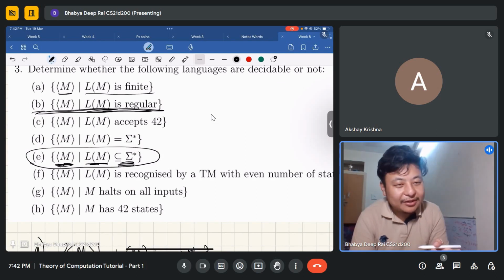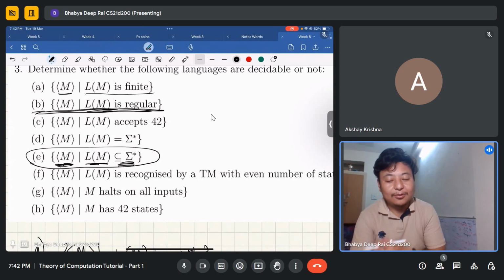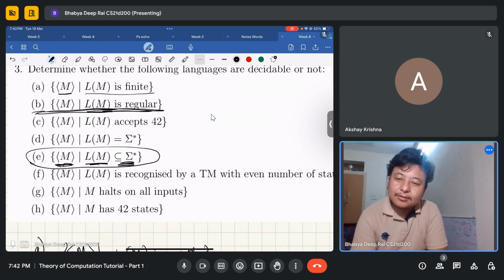Can you give me a machine whose language is not a subset of sigma star? Is it possible? Yeah.